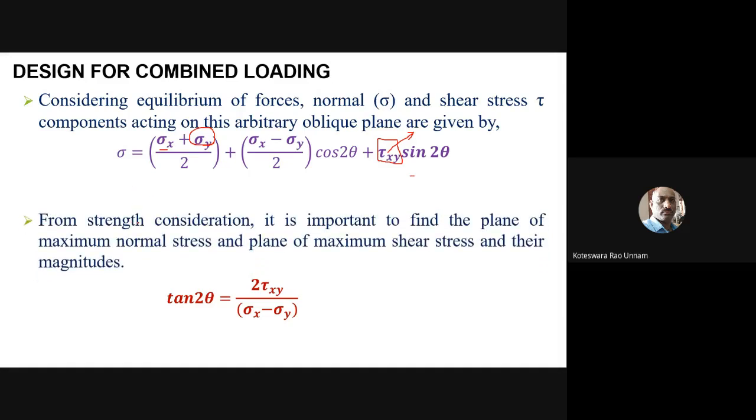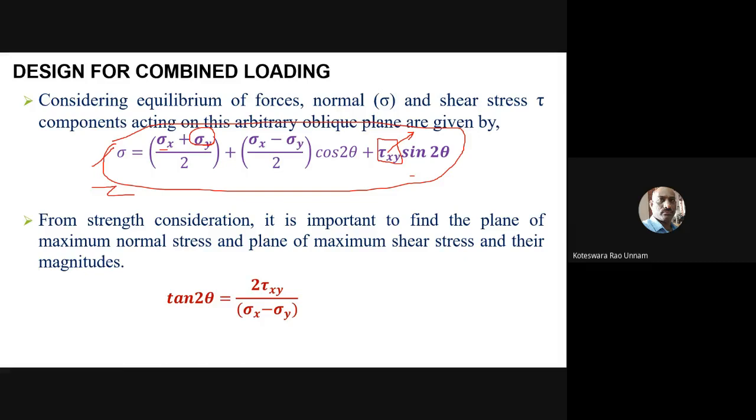So now, this is the expression for the normal stress. Similarly, you can get the expression for the shear stress if we equate the components. But here, our intention is not to find the magnitude of the normal stress on an inclined plane. Our intention is that we will always design the components for critical stress values.